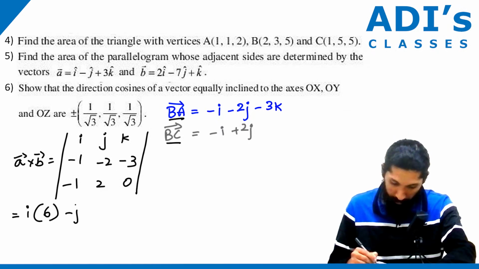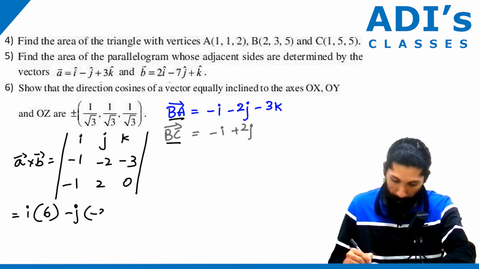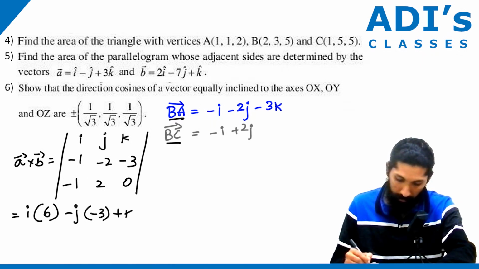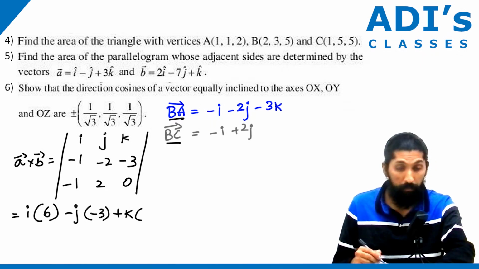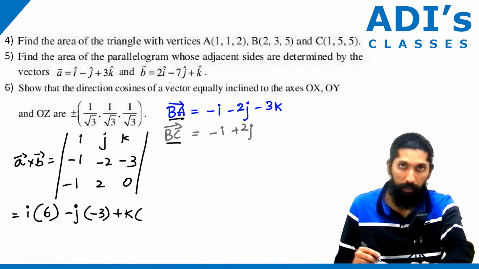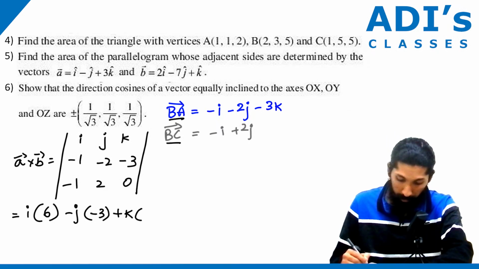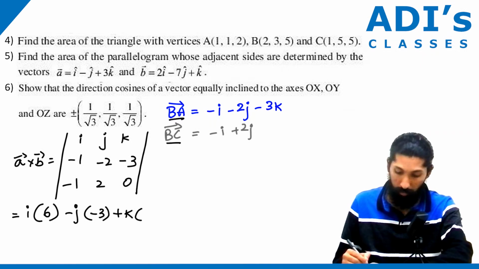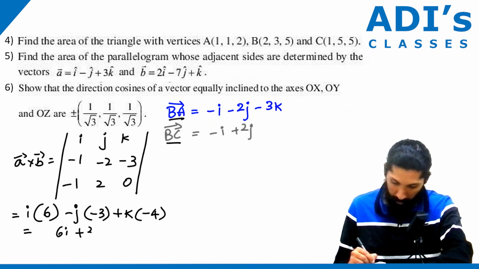Minus J into again 0 minus 3, plus K times you get minus 2. Again, minus into minus into minus is minus. 3 minus you will have, correct? Because of 3 minus, you're going to have minus itself. So, minus 2, again minus 2, minus 4. So, this becomes 6I plus 3J minus 4K.